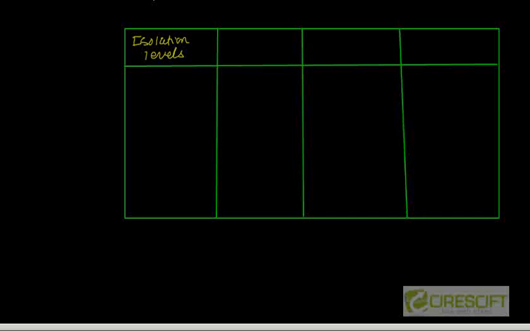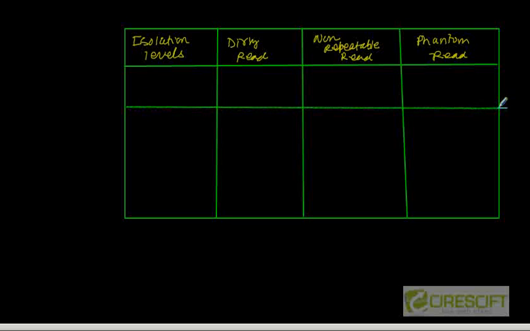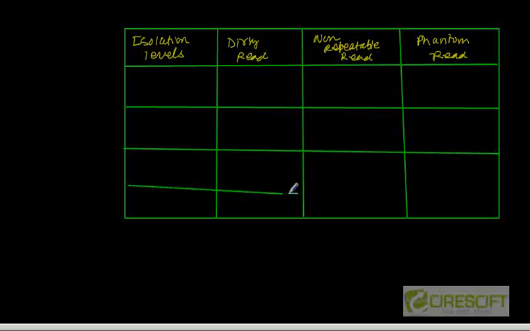Number one is dirty read, number two is non-repeatable read, and number three is phantom read. We're going to see what kind of isolation level supports what kind of phenomena.